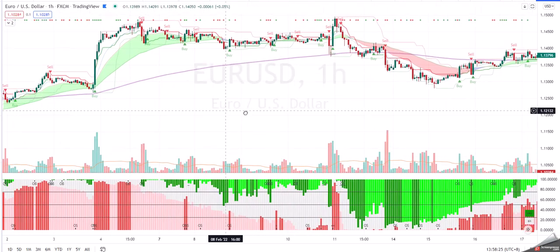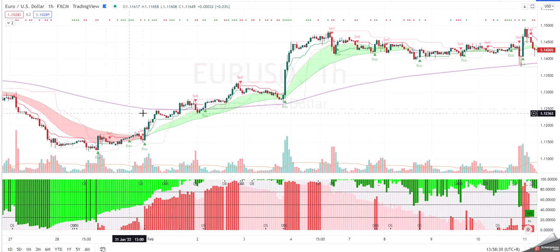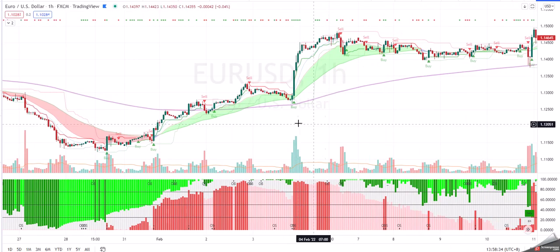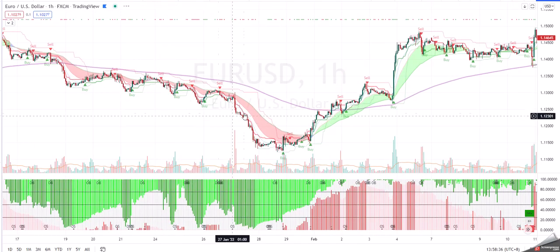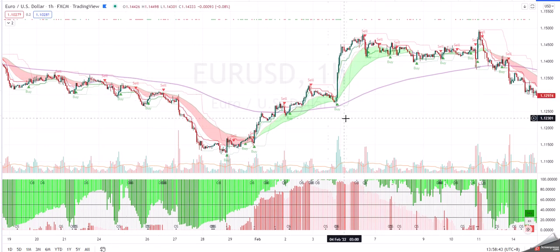How I normally trade this is I use it together with moving averages. You can have your own moving averages, but I use my standard moving averages, 200, 50 and 20. I just look at the signal.